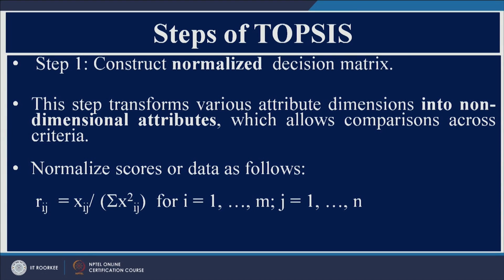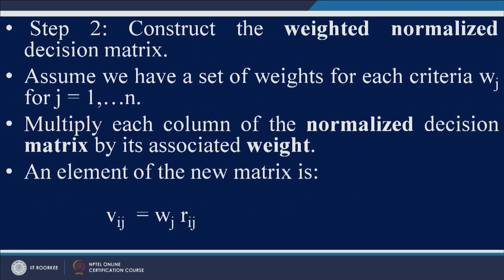So, there are a couple of steps in TOPSIS. The first step is we normalize our decision matrix. So, whatever data you are having initially, you are supposed to normalize. The reason for normalization is because your input data would be having different units. So, at the end of the day, you would be coming up with a non-dimensional attribute for each of those criteria or those attributes.